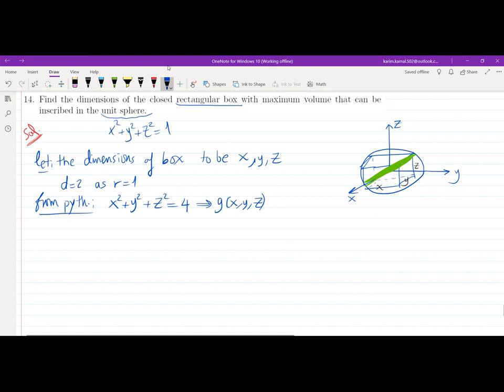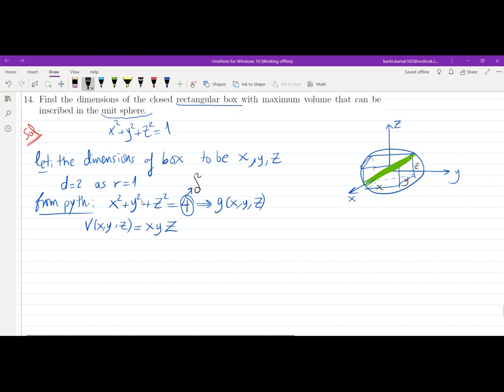So V of x, y, and z equals x y z, and now we have a function to be optimized according to a certain constraint. If you remember, this 4 is d squared. And then we can apply Lagrange multiplier exactly like before.